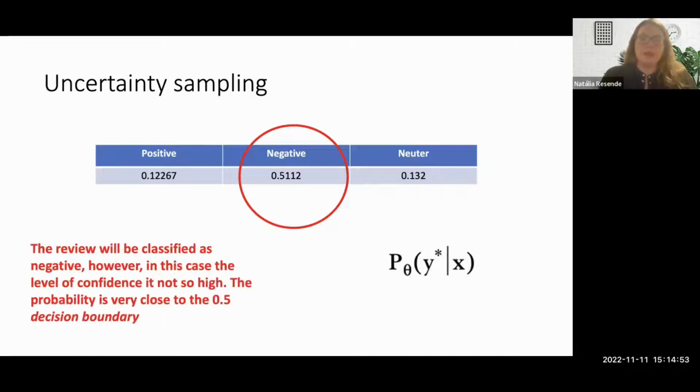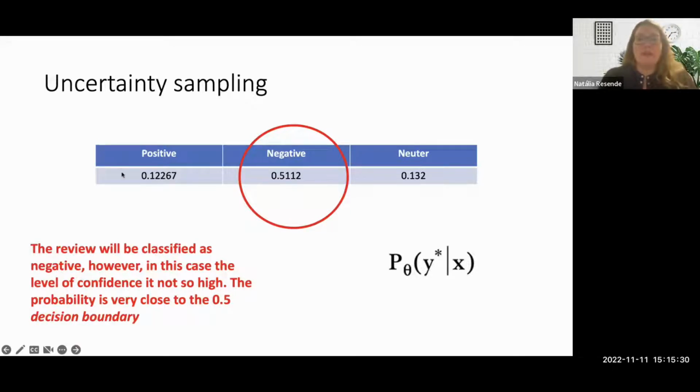So same here. We have the highest probability as 0.5, but at the same time it's very close to a decision boundary. As you know, for probability models, a class is usually selected if it is above a certain decision boundary, which is usually 0.5, or not selected if below it.